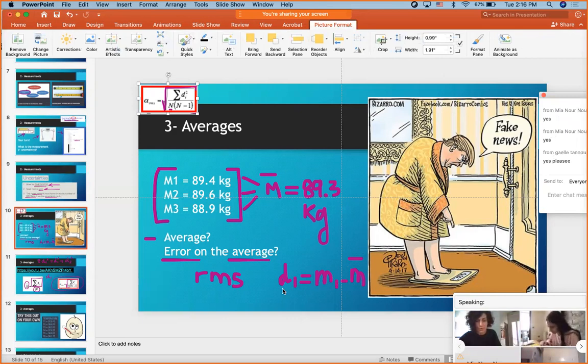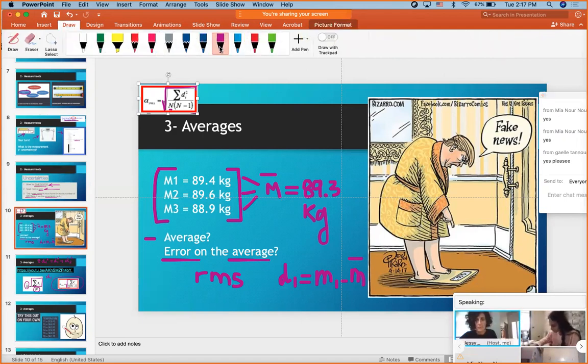You can make mistakes, and give me as many sig figs as you want. We can round it together.